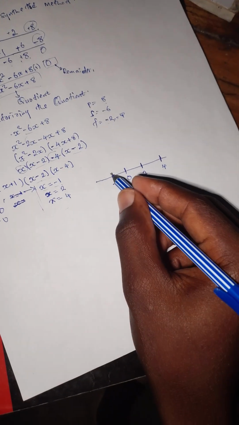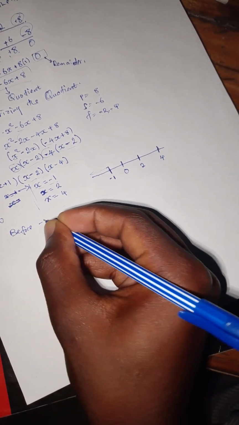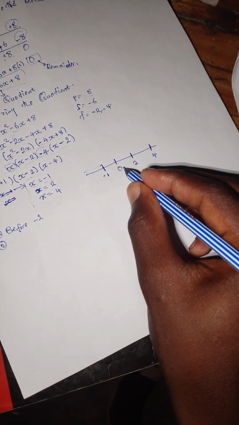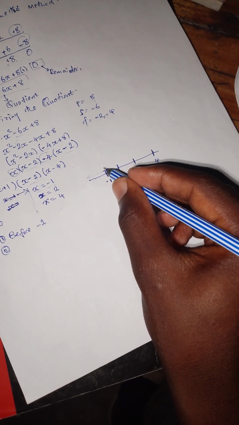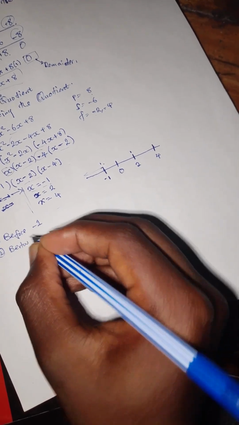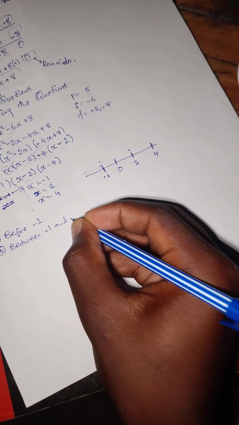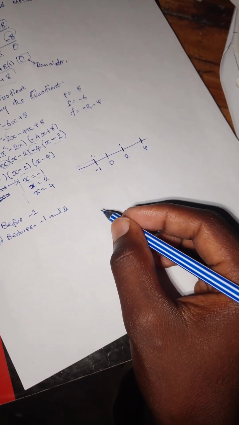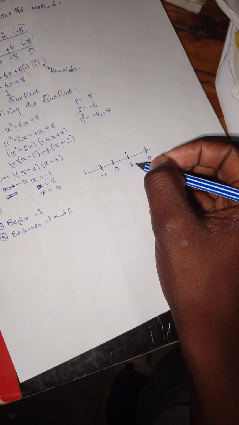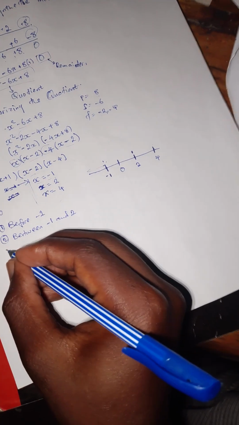We have this interval, which is before -1. This is the first interval. The second interval is between -1 and 2, and we have the interval which is between 2 and 4. Then we have the interval which is after 4.